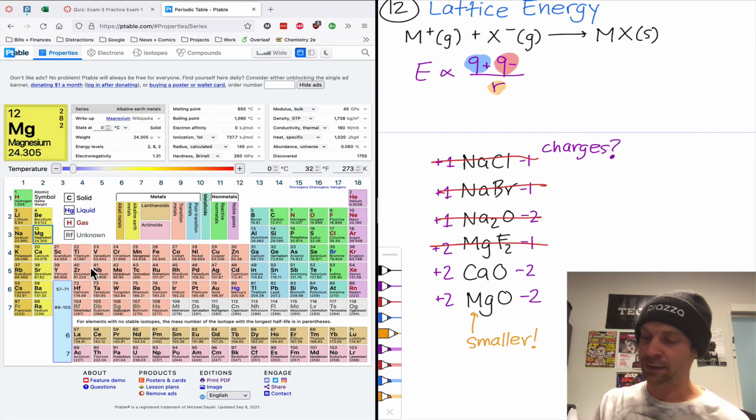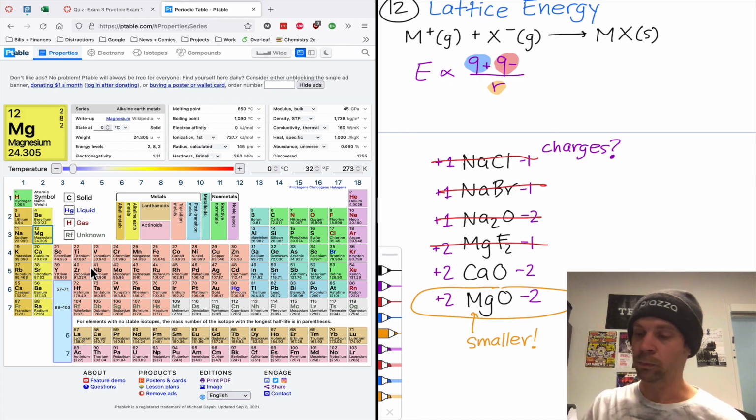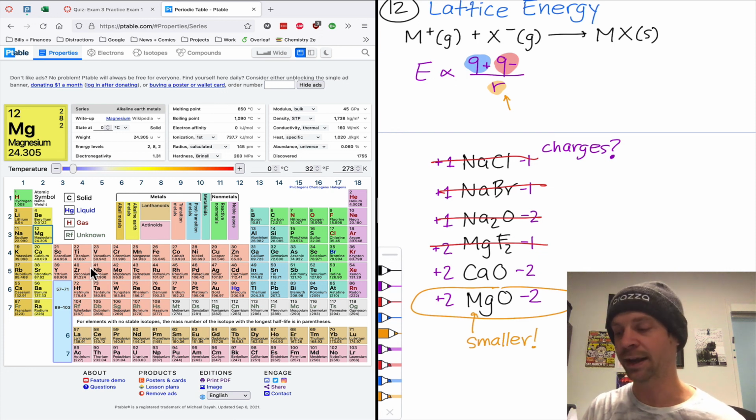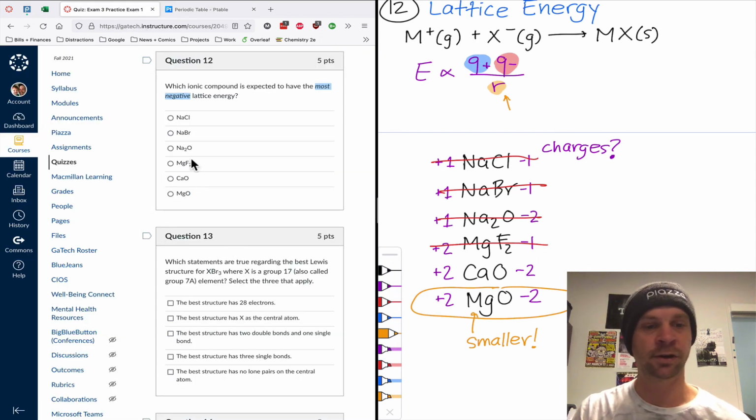And so the big winner here in terms of the most negative lattice energy is MgO. With that smaller ionic size, we're going to get a smaller R value there. That will make the lattice energy more negative. MgO is our most negative lattice energy within this series.